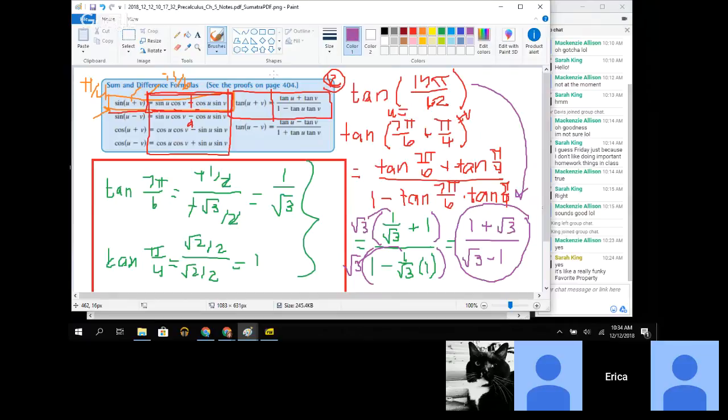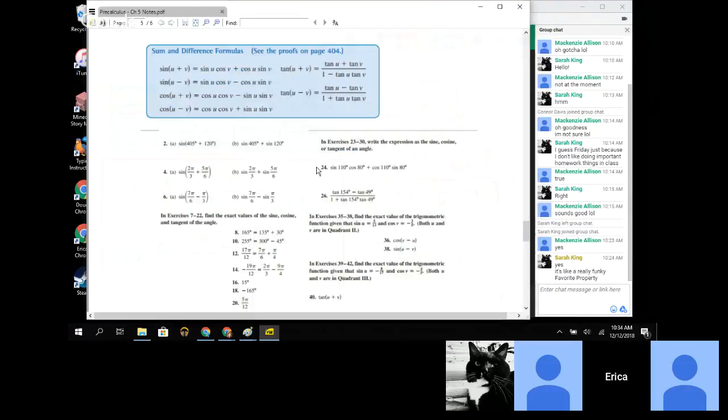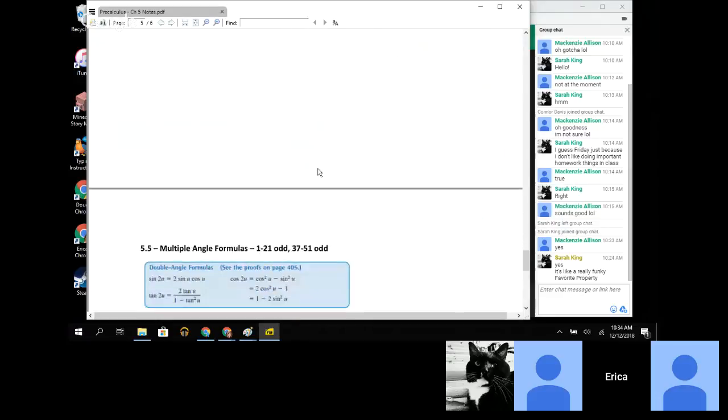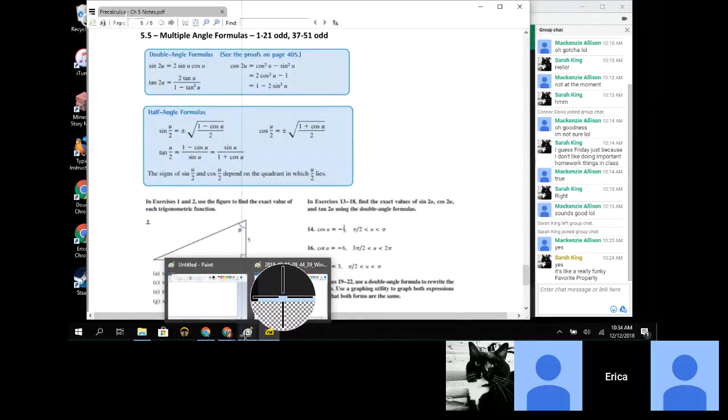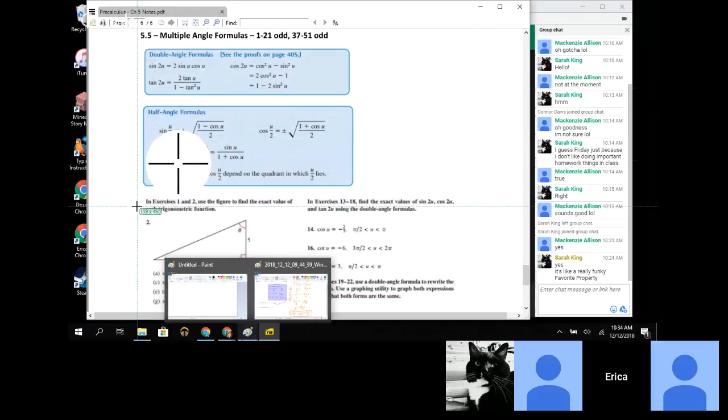Very fun, right? So continuing on in that same idea, is section 5.5, which is the multiple angle formula.